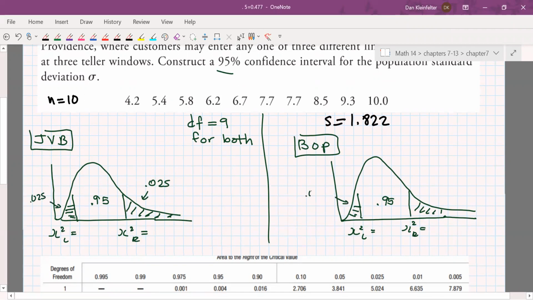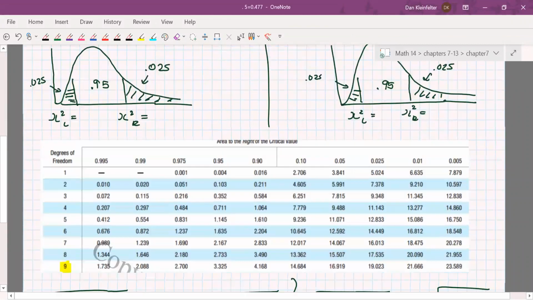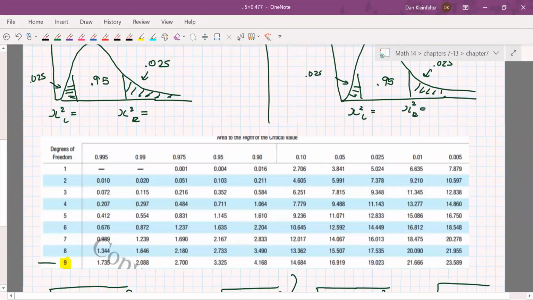That's true of both. Since our sample size is 10 for both banks, the degrees of freedom will be 9. So we'll be looking at row 9 in our table. The area to the right is 0.025.